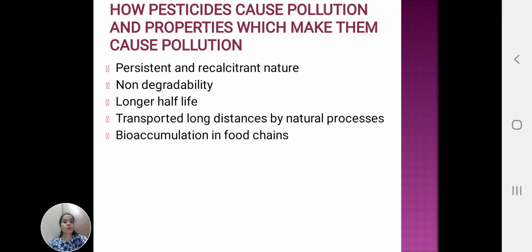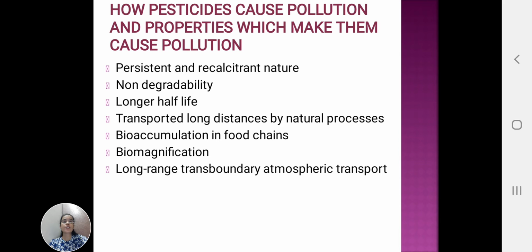We'll be looking at this process, that as the concentration of the pesticides in the various trophic levels increases, it results in the bioaccumulation of these pesticides in the food chains. The biomagnification also, their long-range transboundary atmospheric transport, in which they are transported into the air, water and soil sediments.